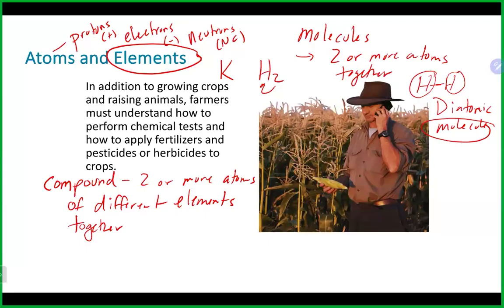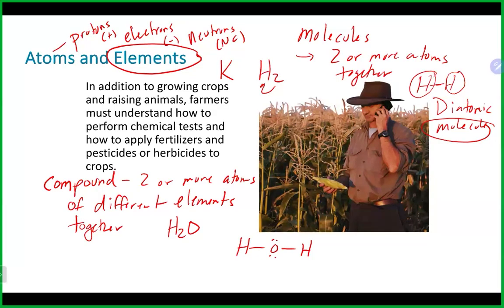What is a compound? Something we all see today, H2O, a little bit of water, right? Water here is a compound because water is a combination of hydrogen atoms and oxygen atoms together. So it meets the definition of a compound because it is 2 or more elements that are together. We have hydrogen and oxygen.